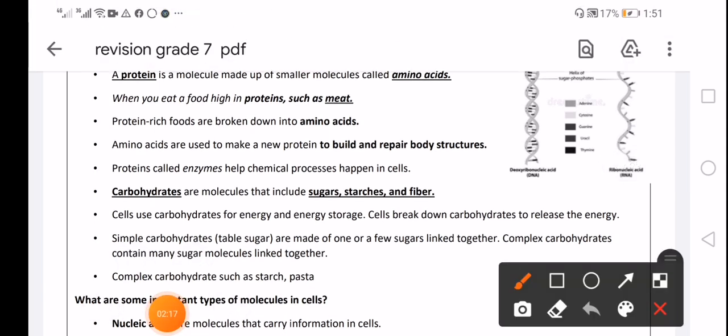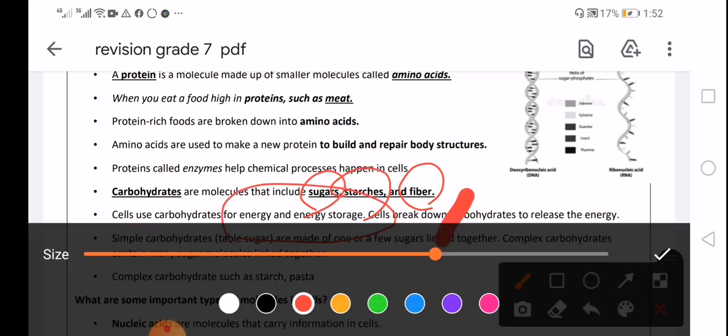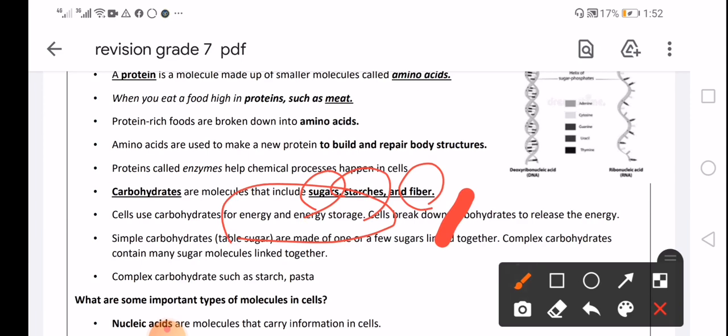Carbohydrates are molecules that include sugars, starch, and fibers. Also carbohydrates, like lipids, we use for energy and energy storage.